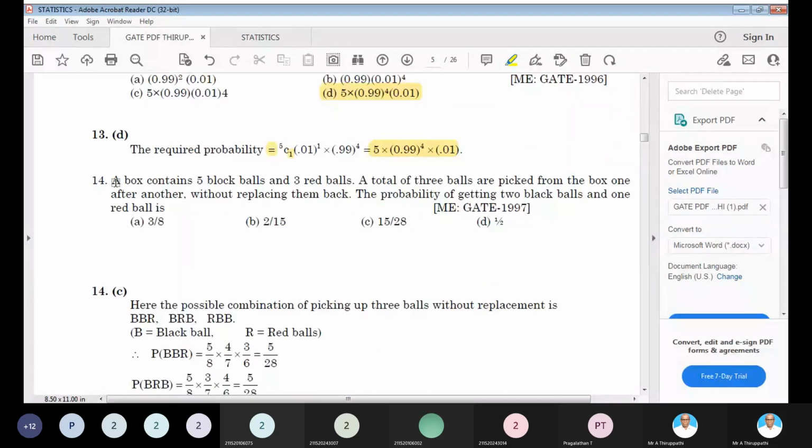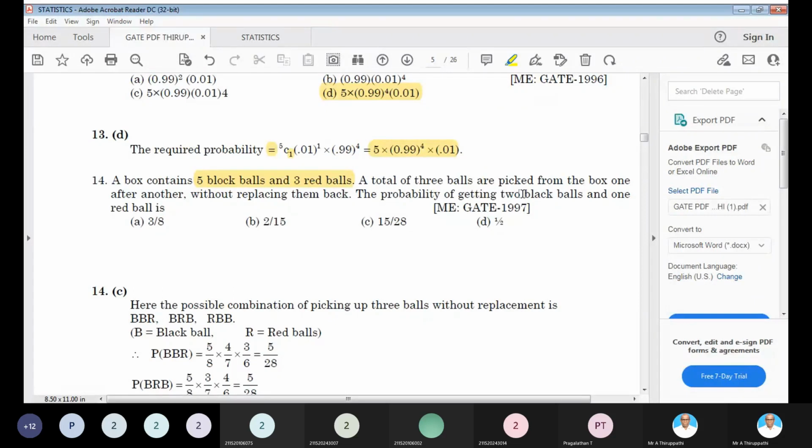Next, a box having 5 black balls and 3 red balls. A total of 3 balls are picked from the box, one after another, without replacing them. The probability of getting two black balls and one red ball. First, how many black balls are given? 5.